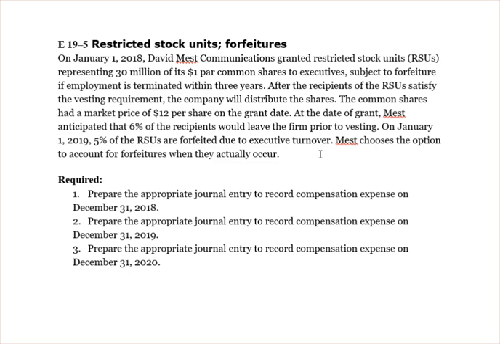In this case, I would not take 360 million and attempt to spread it over the 3 years, but I would take 94% of the 360 million and spread it. And then when I see things have changed, I would do a journal entry. So I'd just like for you to note those things and ignore this problem, but I wanted to include it because I wanted you to see that they do have the option to account for them when they actually occur.